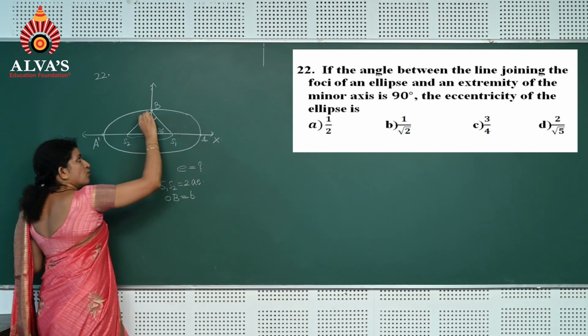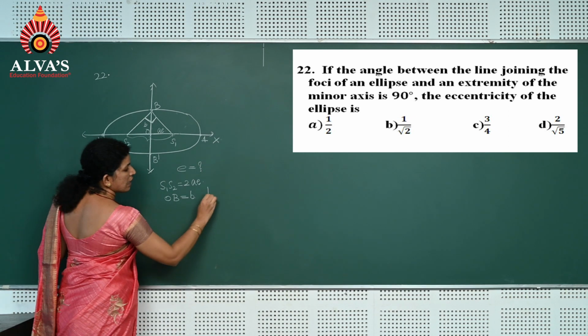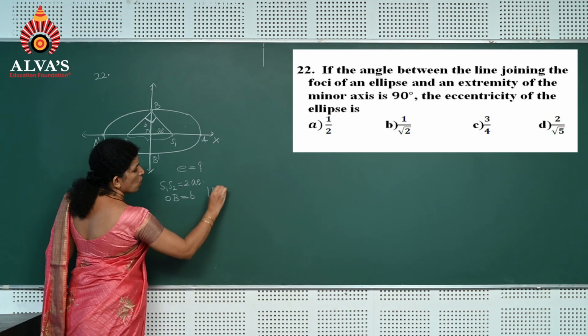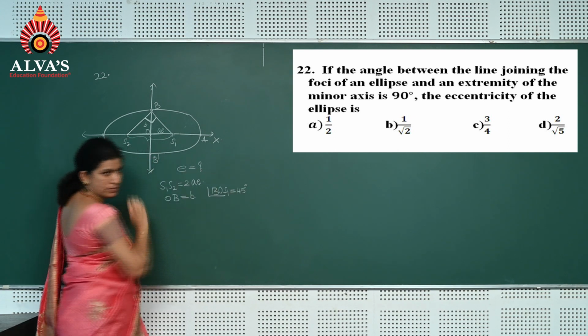This full angle is 90 degrees, so angle BOS1 is equal to 45 degrees.